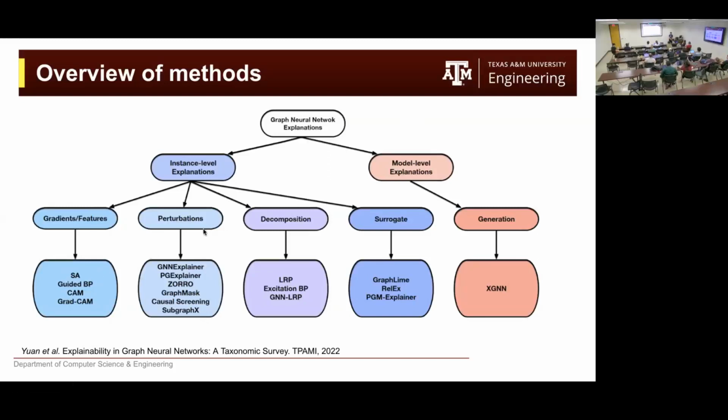The second category is called perturbation-based methods. These methods will mask the input graphs and use the masked graph and the prediction of the masked graph to learn a graph mask generation algorithm. And then use this algorithm to find out which graph components are important. If the graph component is important, when this component is masked, then the final prediction score will drop a lot.